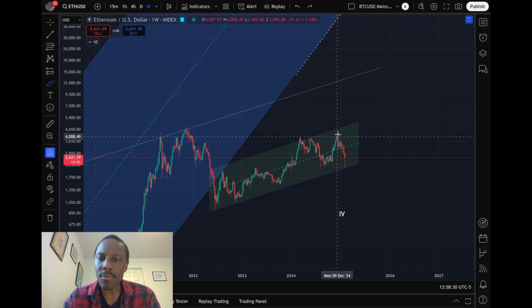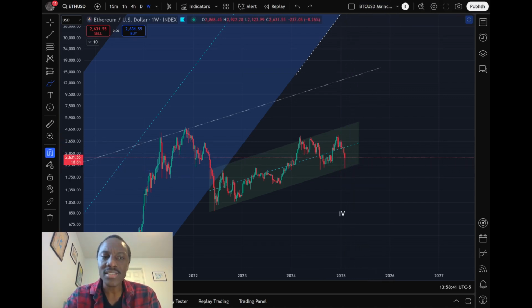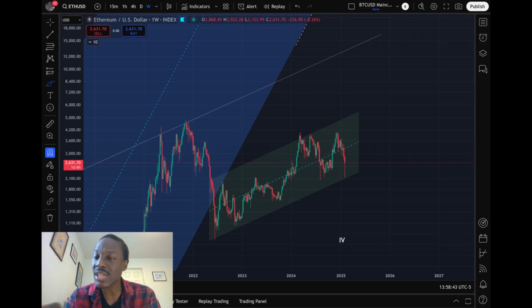It brought Ethereum all the way from these tops around 3,000 all the way down here to 2,000. And what's important, and what you should really realize if you're looking at this honestly, is this happened like 5 days ago, and the candle is still a bullish hammer candle.